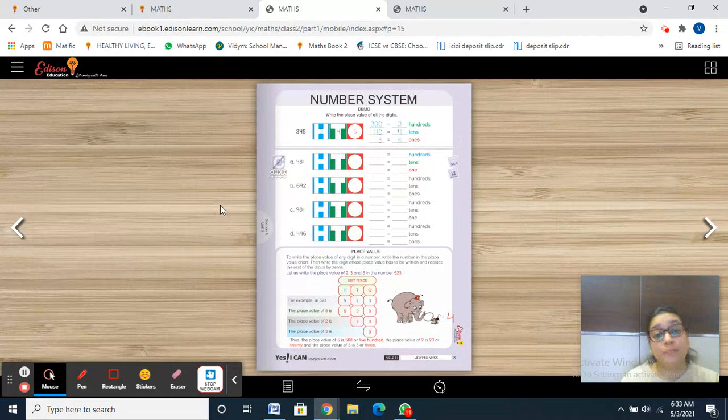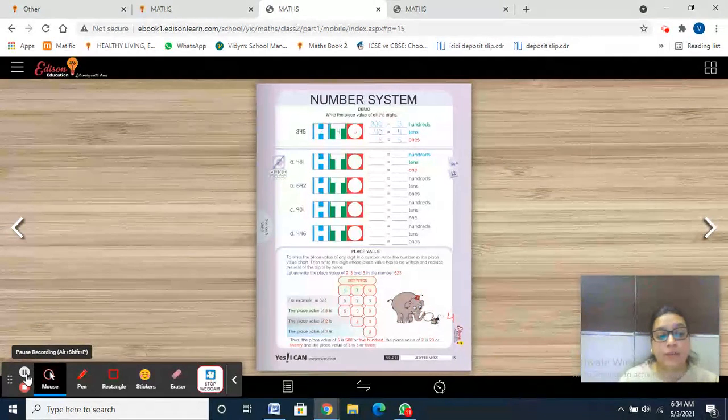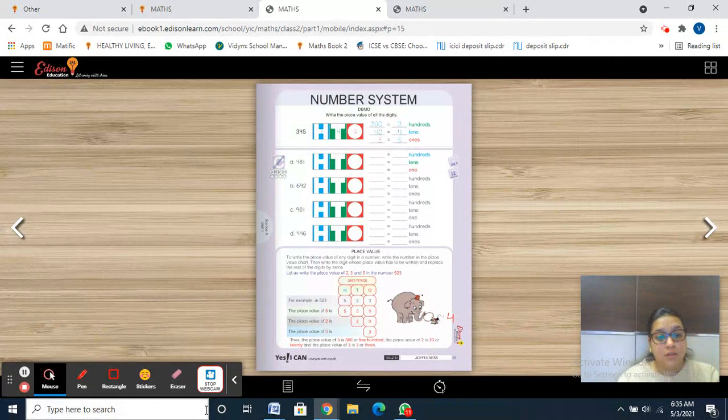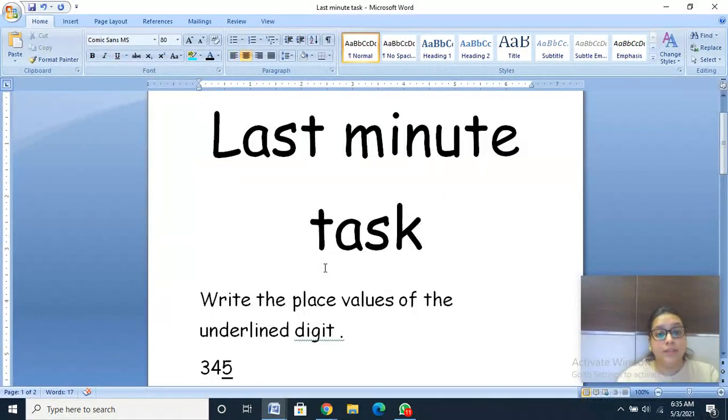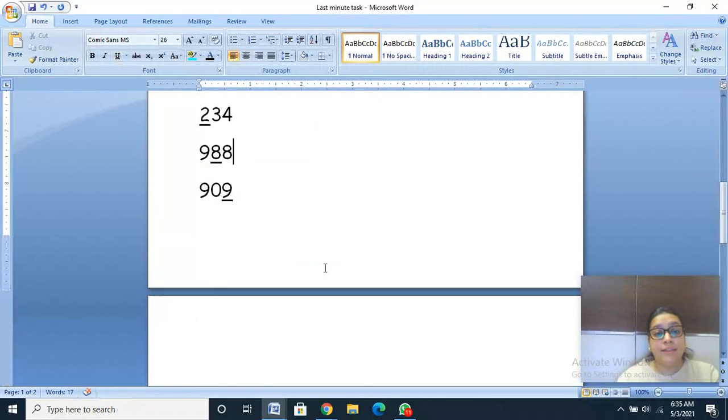Now there is a 1 minute task. For that you have to look at the screen, please, everyone, and you're going to give me the answer by 9:30. See here, everyone, for the last minute task, you're going to write the place value of the underlined digit.